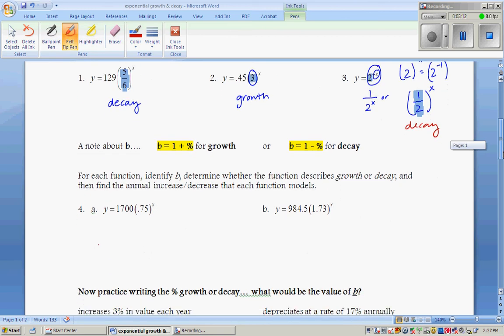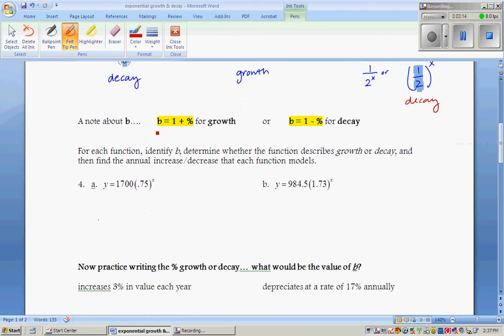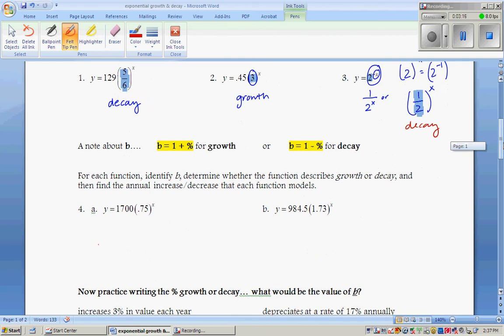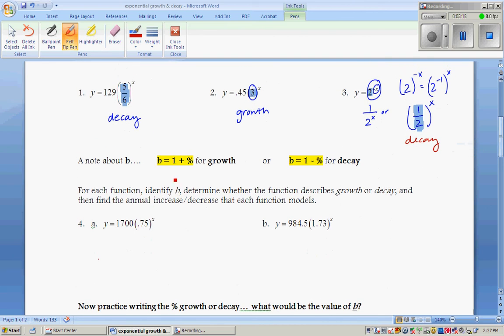So, a little note about b. When you have that written, it tells you what the percentage is, like what the actual growth or decay is. So, if we have something like 0.75, a lot of you can tell that you have decay and that it is a 25% decay. And it's because what's missing from 100? But you could mathematically write it out.